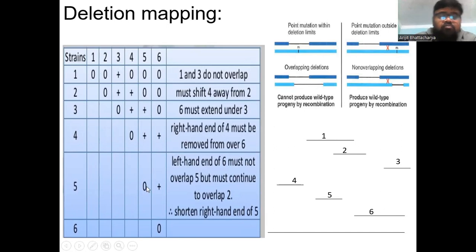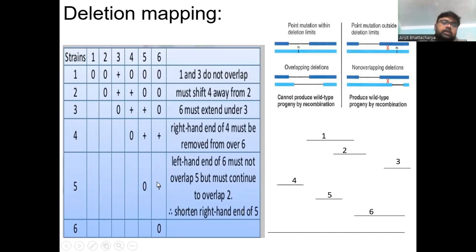Similarly, for 5, for 1, 2, 4, you are not getting any colony, but you are getting colonies with 3 in the case of 5. So 3 with 5, it is plus, so you are getting some colonies, and with 6, so 6 and 5, it's plus.